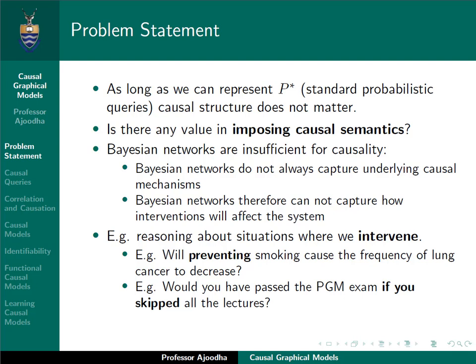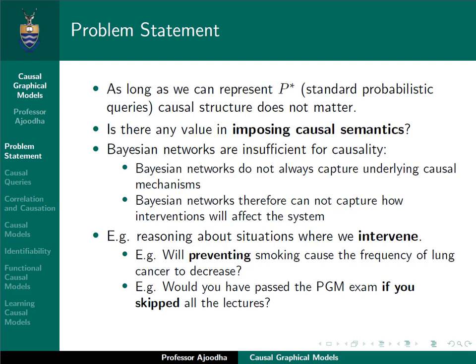For example, we might ask whether preventing smoking would reduce lung cancer, or whether a student would have passed the PGM exam if they skipped all the lectures. A normal Bayesian network can represent dependencies between variables, but they can't necessarily represent an actual causal mechanism. That means they can't always tell us what happens under the intervention.